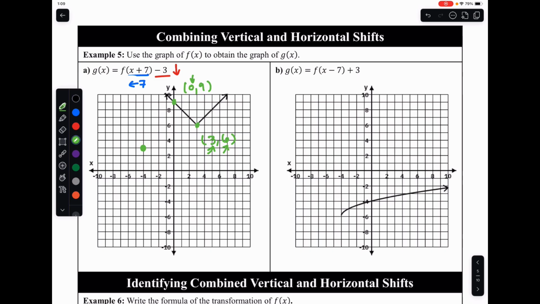So negative 7 on the x, and 6 for the y. And that connects the left side. And I just do the same thing on the right side. Just find any point and move it the same direction. And my transformation will look like this.